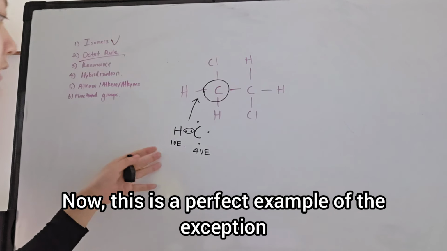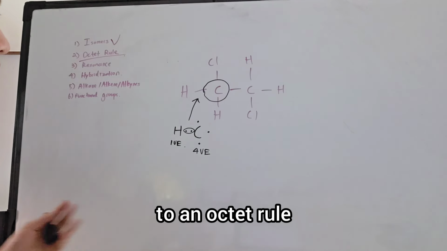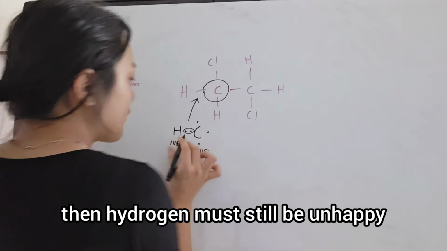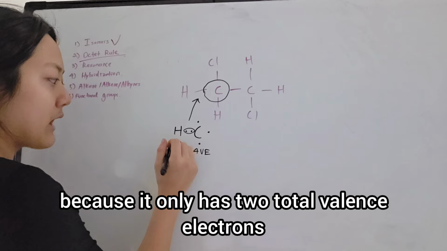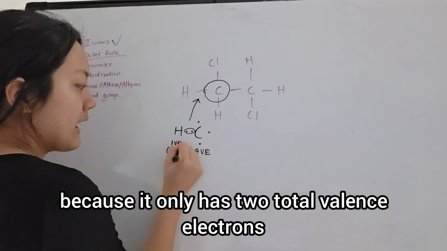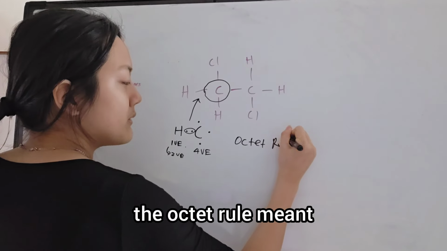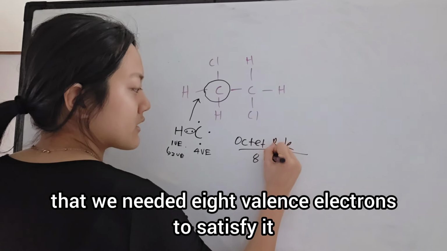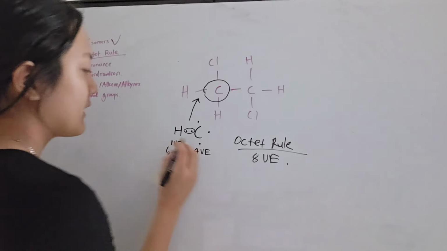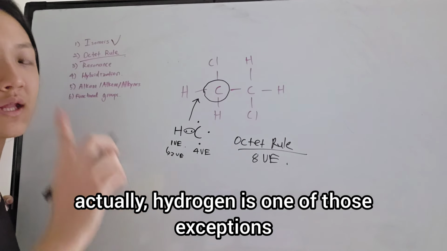Now, this is a perfect example of an exception to the octet rule, because you would think, oh, then hydrogen must still be unhappy because it only has 2 total valence electrons. And I thought the octet rule meant that we needed 8 valence electrons to satisfy it. Well, actually, hydrogen is one of those exceptions.